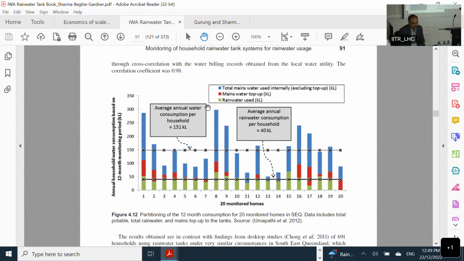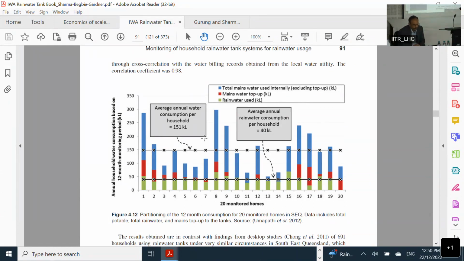We did this study because initially, in the planning process, the government indicated that 40 kiloliter of water per year would be available from rainwater tanks.